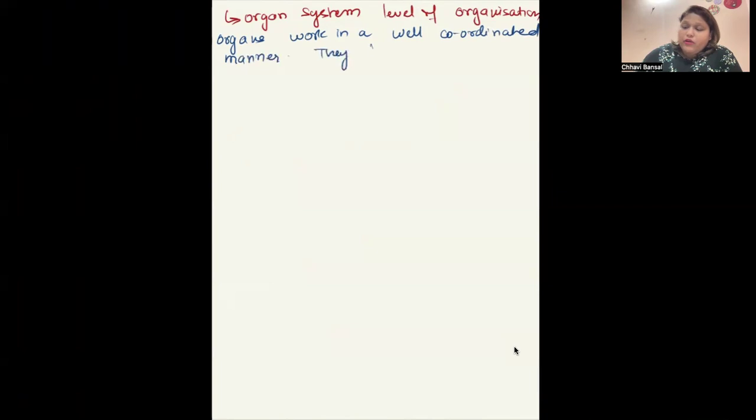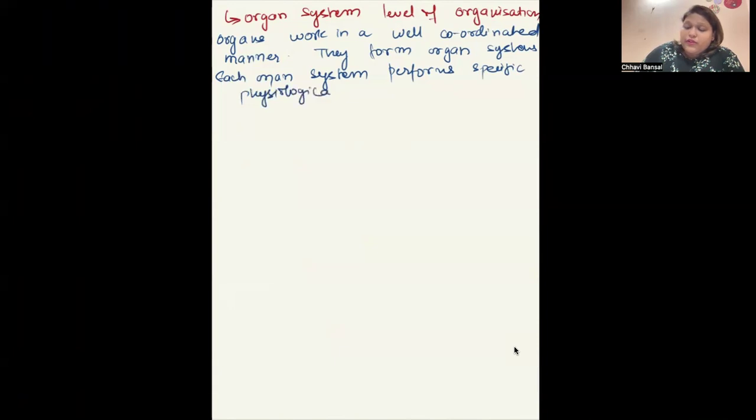They form organ systems, and each organ system performs specific physiological function. So this is the most complex and the highest type.